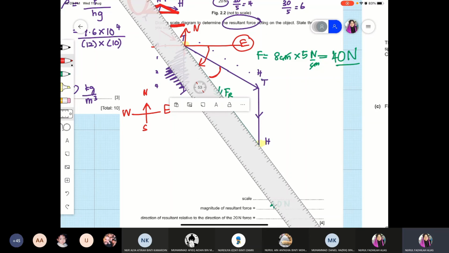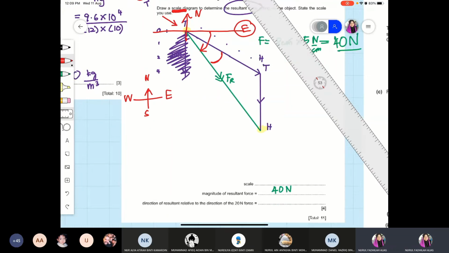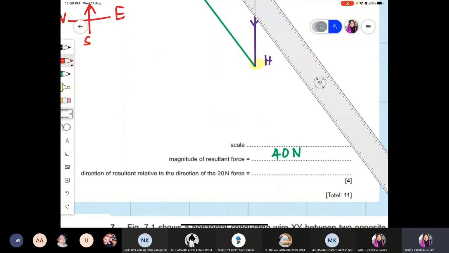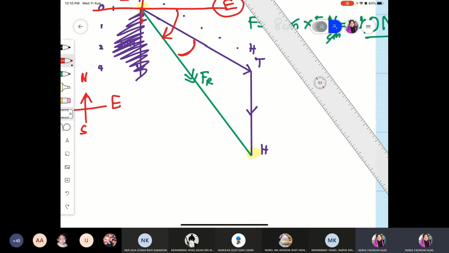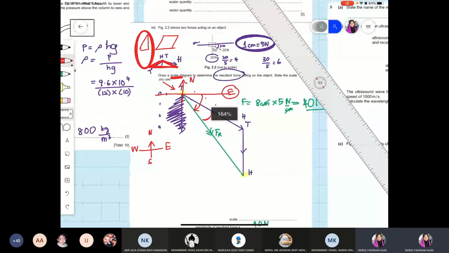Okay, the answer is around 40. Look at the calculator and the protractor carefully. Okay, from 20. Oh, it says from 20. Direction of the resultant, relative to the direction of 20. Oh, this question is dangerous. The question wants it from the 20 Newton force. So where is our 20 Newton force? Which one is the 20 Newton?